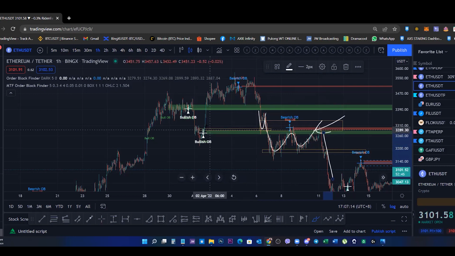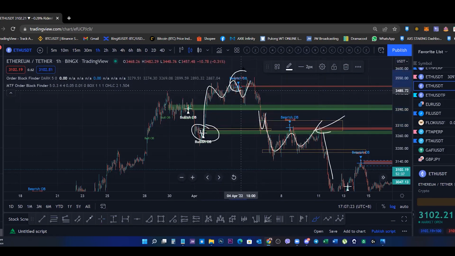Dump. There is a bullish order block. What happened? There is also a bullish scenario on this part, and this is a signal. Okay, there is no more bullish trend. We have now a bearish order block. So the good thing here, it will mention the bullish and bearish order blocks. So there are two order blocks. Whatever you prefer to use, you can use this indicator.